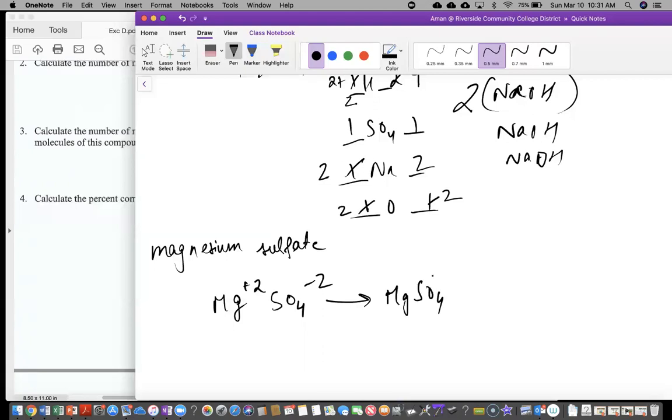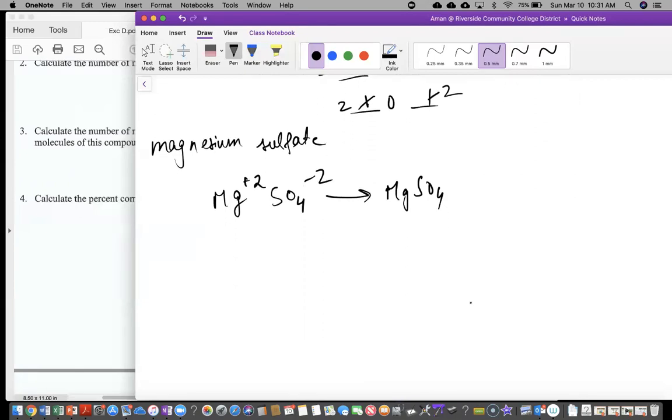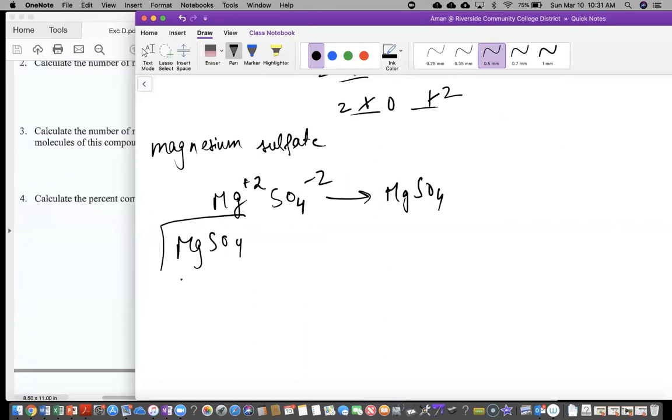So we're going to find it for MgSO4, right? So the question is, for MgSO4, find the percent composition. By percent composition, the meaning of the question is that Mg has how much weightage in the whole formula of MgSO4.